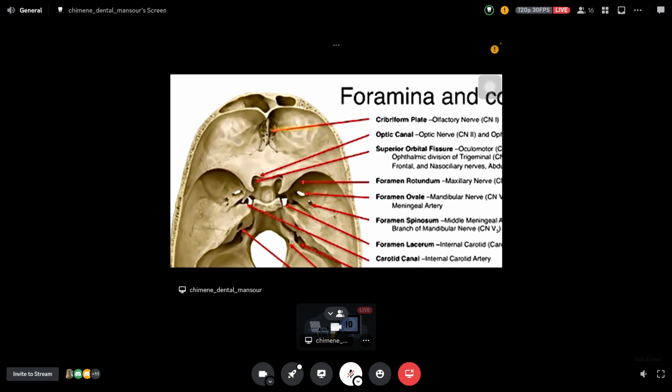Superior to the inferior nasal concha, you have the middle nasal concha, and you're supposed to see also the superior nasal concha, but it really depends on the CT scan that you see in the exam. Mostly present in the CT scans are the inferior nasal concha and the middle nasal concha. Here you have a great picture of the vomer also.